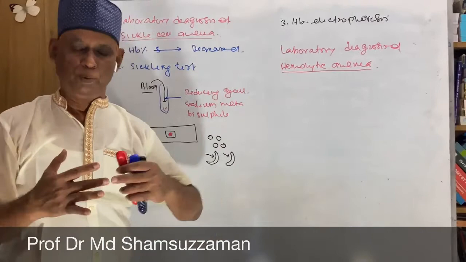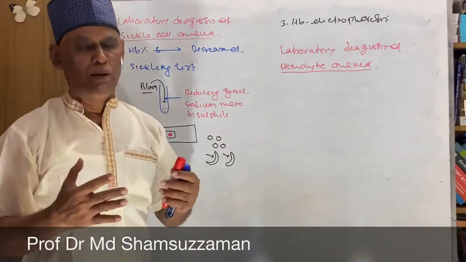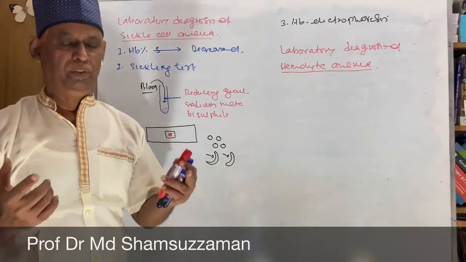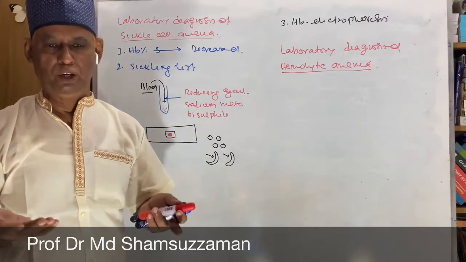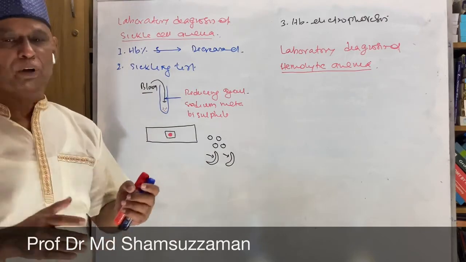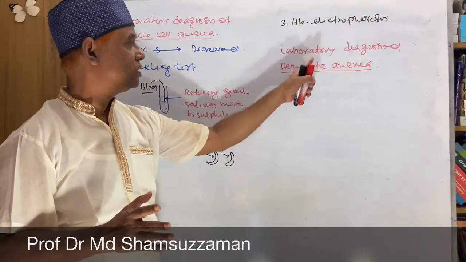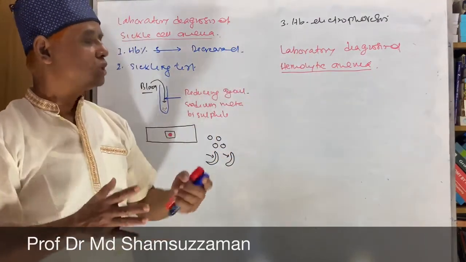In the intracorpuscular defect, the most common is congenital hemolytic anemia, and among the congenital hemolytic anemias, there may be membrane defect, hemoglobin defect, and enzyme deficiency. Whatever may be the cause of hemolytic anemia, what laboratory test is done to diagnose a case?